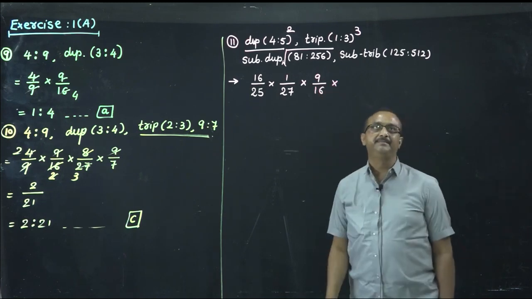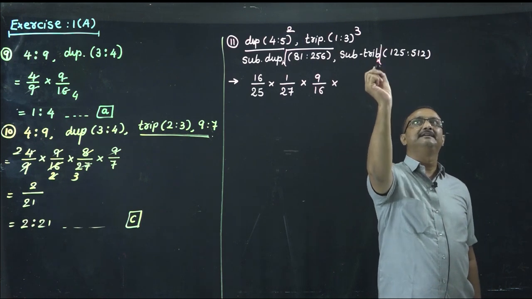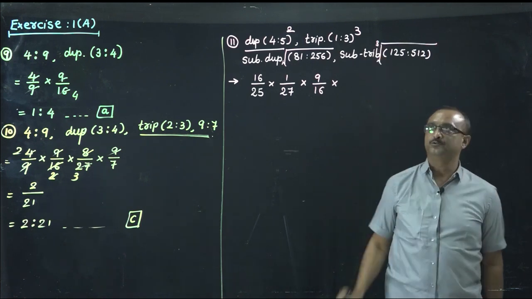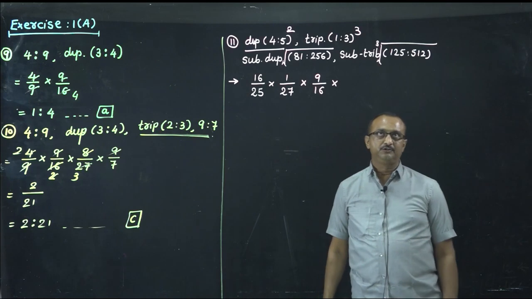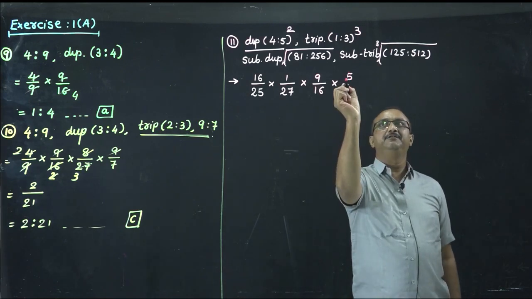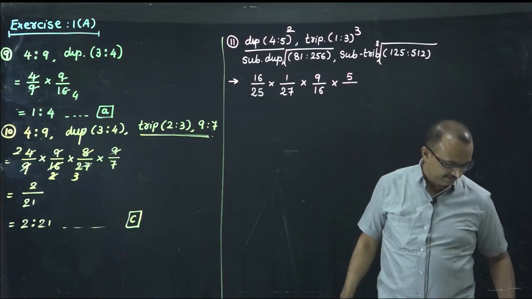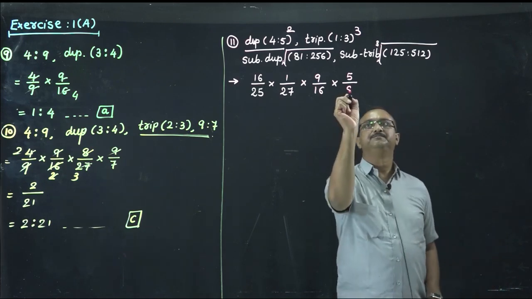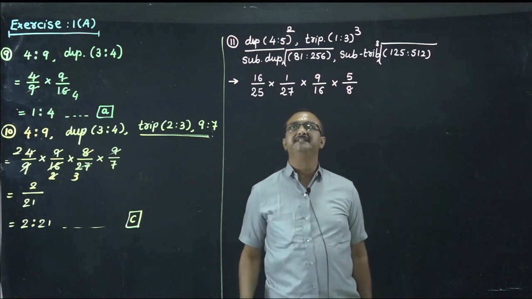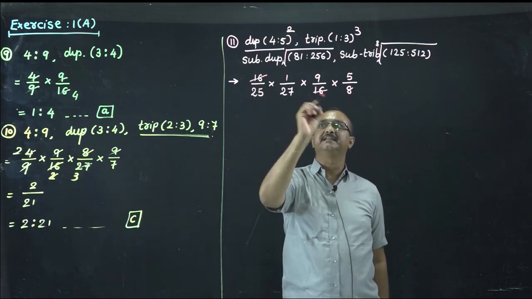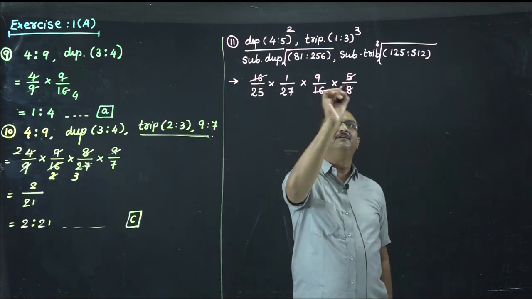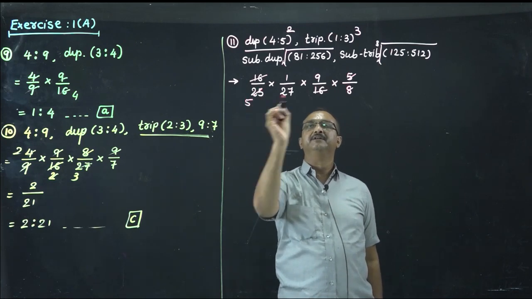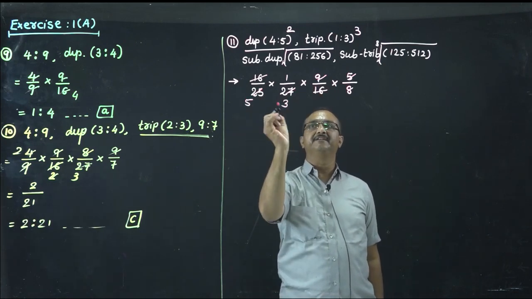And subtriplicate means what? It is nothing, it is the third root. The third root of 125 is 5 and the third root of 512 is 8. Now simplify this. 16 cancel. 5 5s are 25. 9 3s are 27.